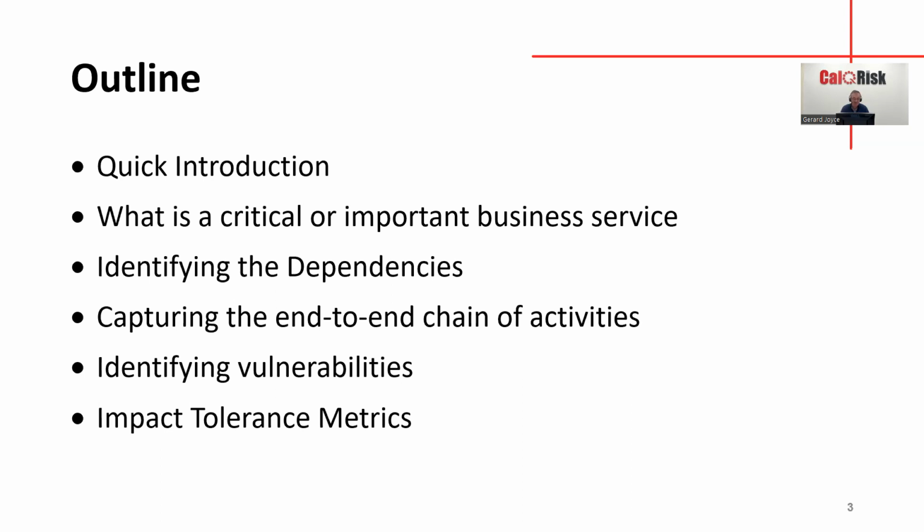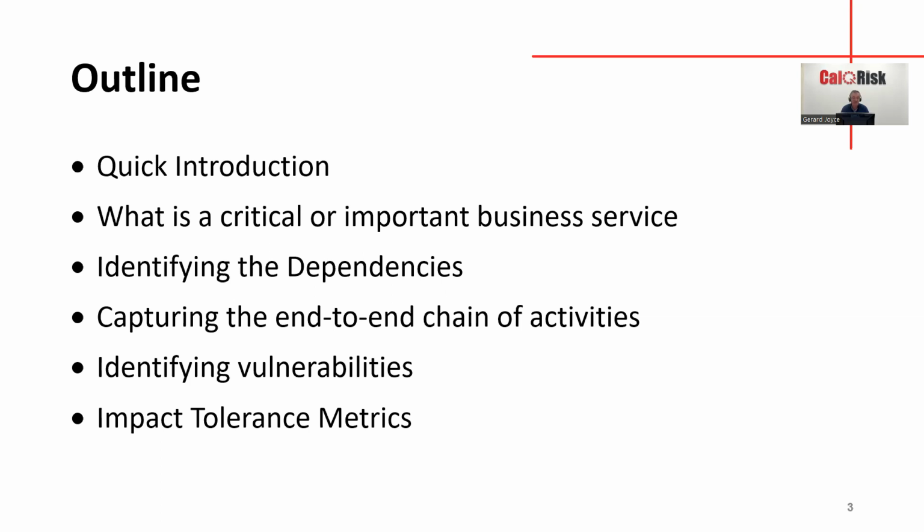Then we get down to business. What is critical or important when it comes to business services, and whose definition is it anyway? How do you identify dependencies? Things that might go wrong and you might need to react quickly. We look at capturing the end-to-end chain of activities, because I think that is the only really sure way of understanding exactly what the dependencies are, what the risks are in any service delivery.